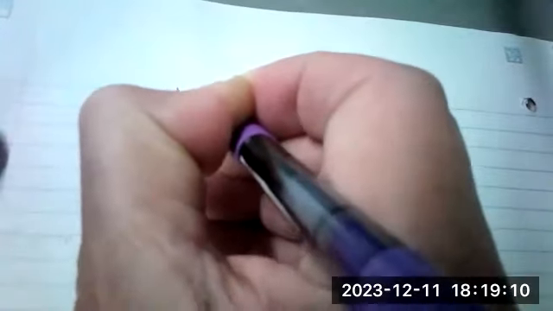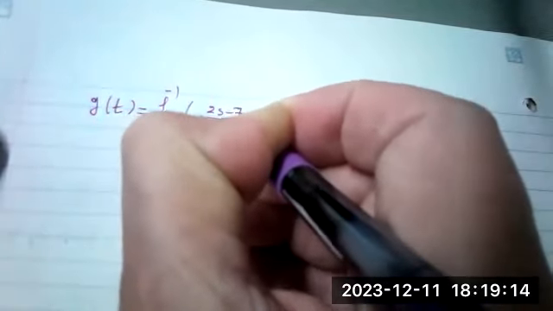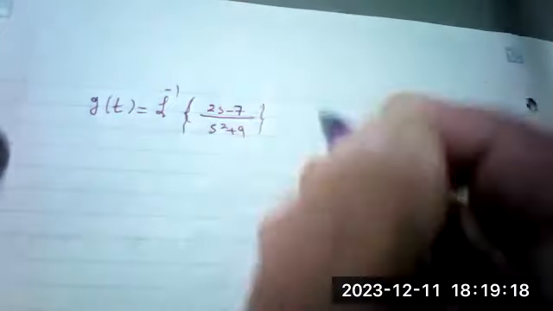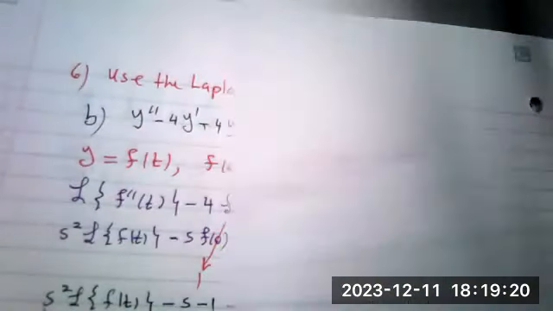So g of t would be the Laplace inverse of 2s minus 7 over s squared plus 9. Okay, so this is going to be the case. And you know what we're going to do for this one. Any suggestion what we're going to do?